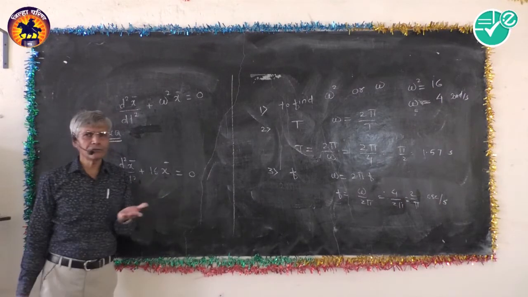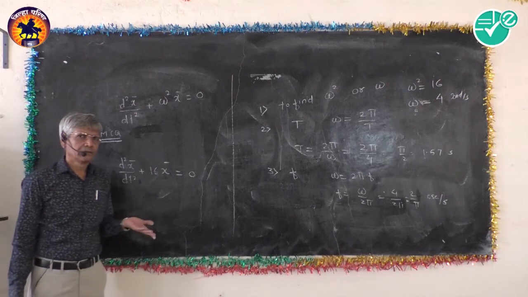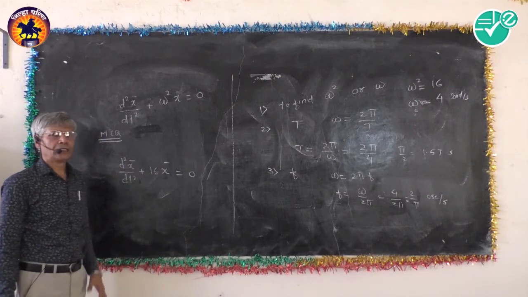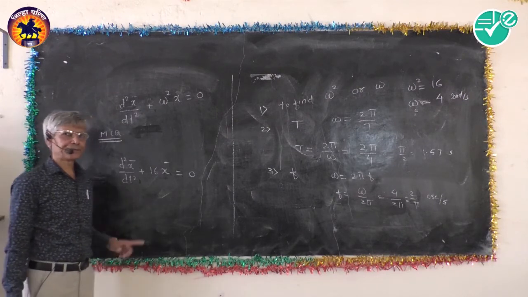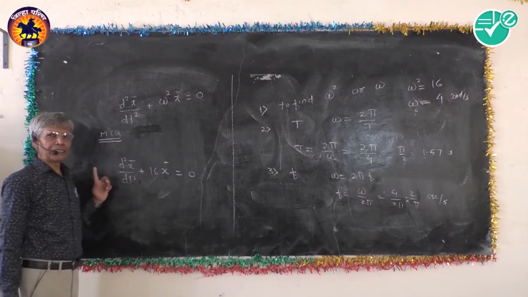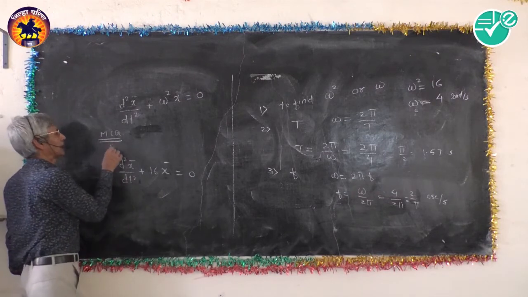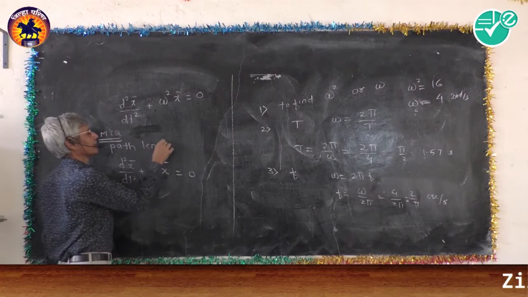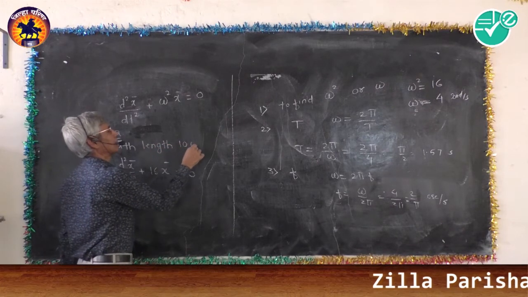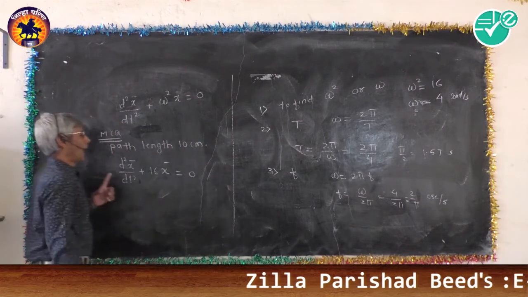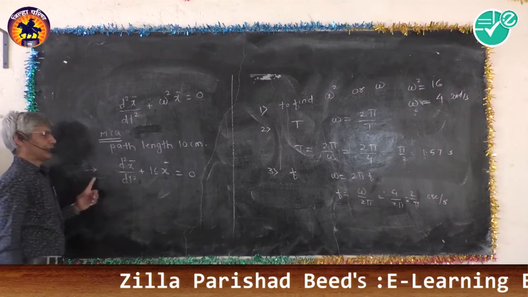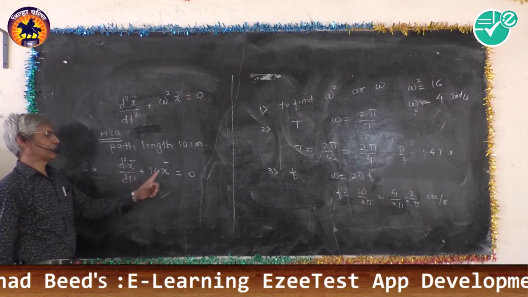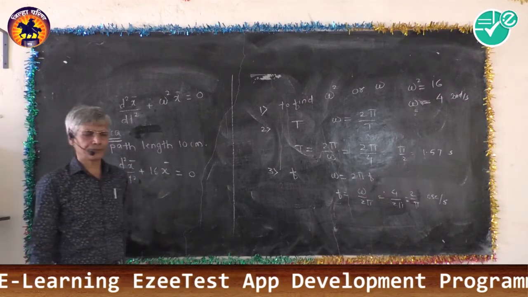Now the same MCQ can be used with higher difficulty. For example, it is stated that a particle is performing linear SHM along a path length of 10 centimeter, and its differential equation is given by d2x by dt2 plus 16x is equal to 0.